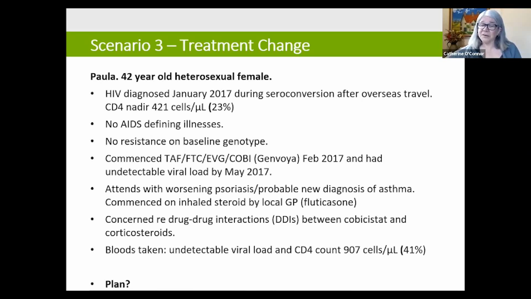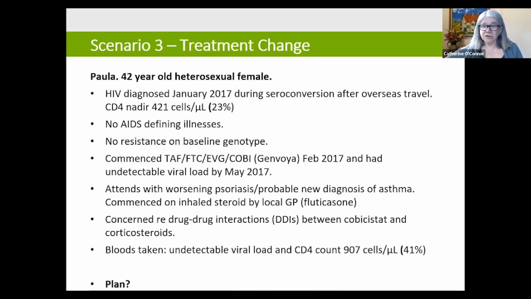There are good things about Genvoya, such as that one of its constituents is TAF, so it doesn't have the renal toxicities and bone toxicities of TDF. However, it contains cobicistat, and we know that both cobicistat and ritonavir have really high levels of interactions between many other drugs, and recreational drugs included, and over-the-counter medications.